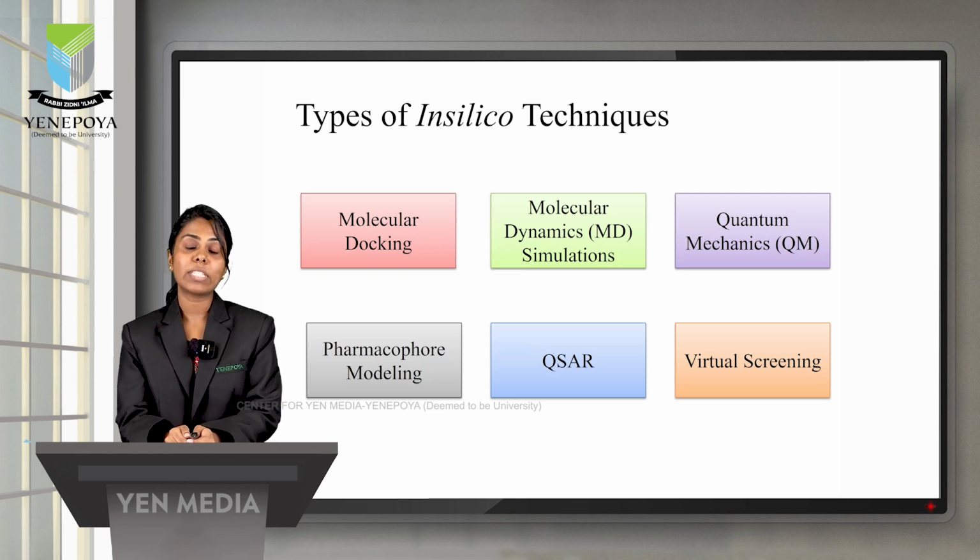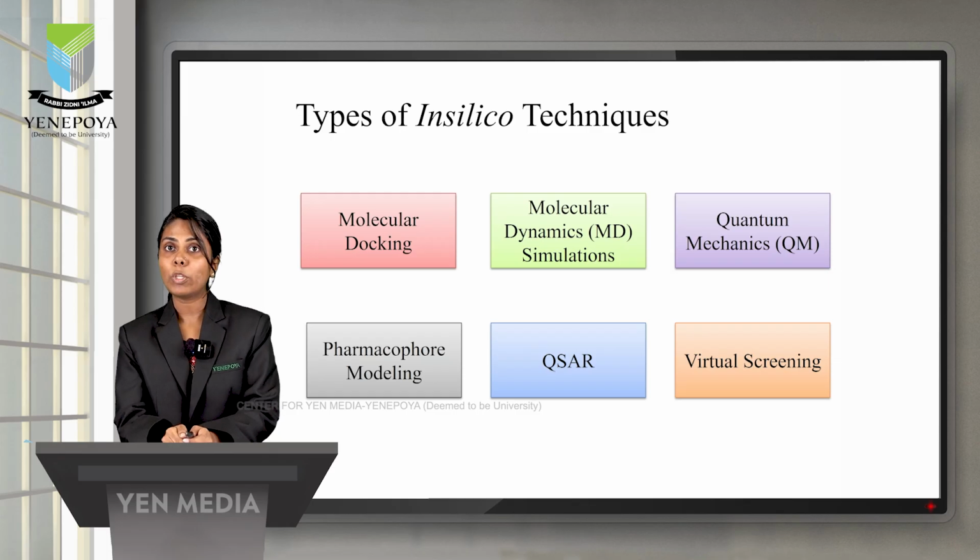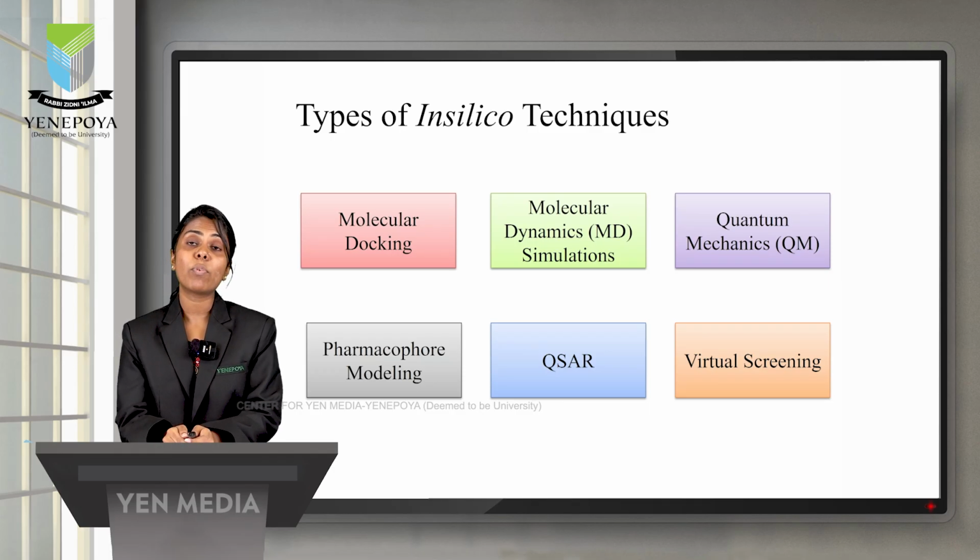In ligand-based virtual screening, the 3D structure of the protein is unknown. In structure-based virtual screening, the 3D structure of the protein is known. Examples of ligand-based are pharmacophore and QSAR. Structure-based virtual screening we can perform like molecular docking simulation.